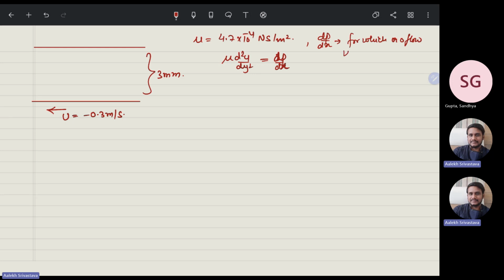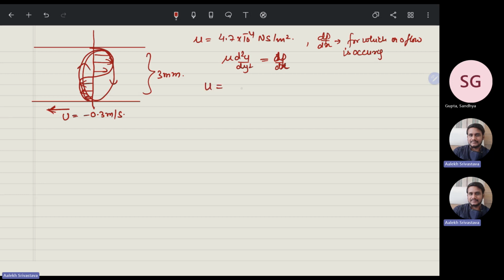That means since it has induced the velocity, what is the pressure gradient for which on an average cross section no flow will occur. So that means there would be a circulation. Here we have this type of circulation, here we have this type of circulation, and in the net we don't have any flow happening in any cross section. Although the flow is happening, no net flow is happening.